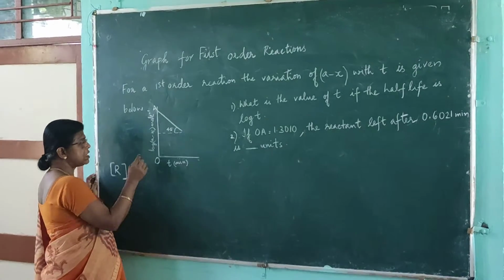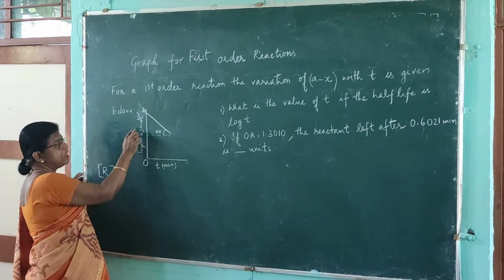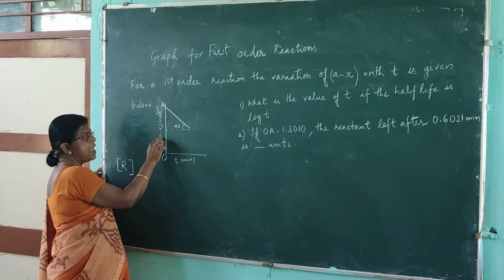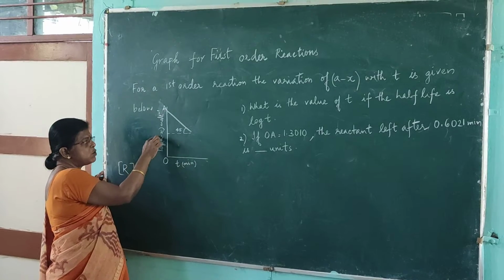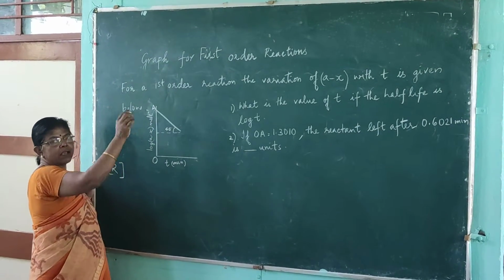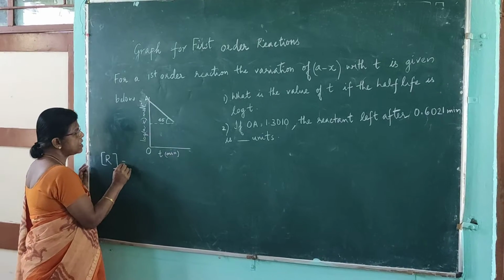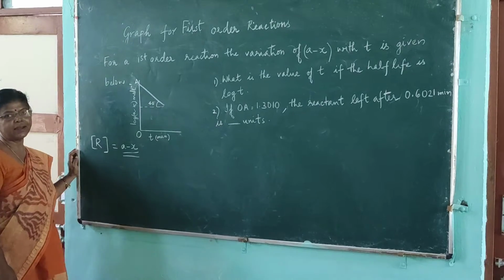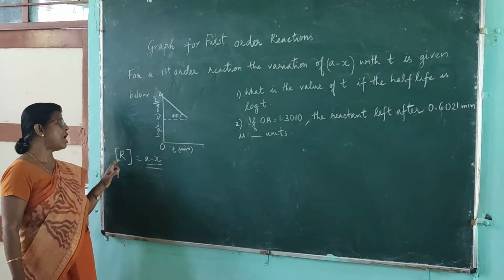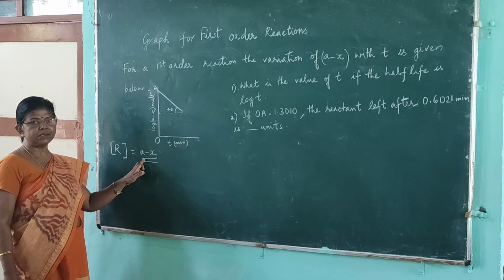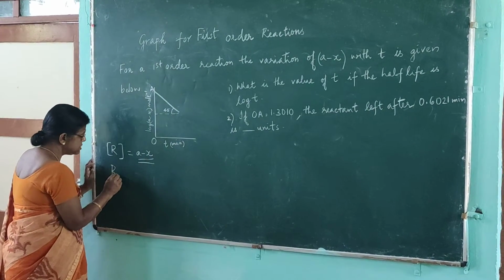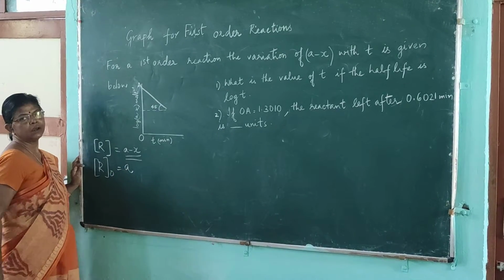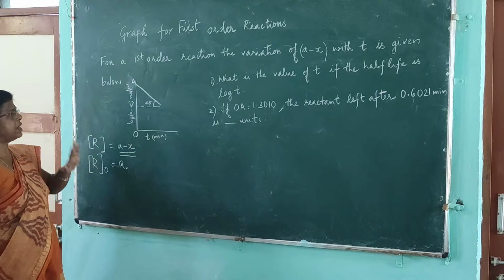Since it is given A minus x here, the initial concentration is A, and out of A, x moles is consumed. So r is A minus x, and r naught is A.